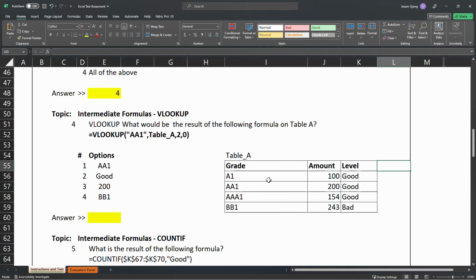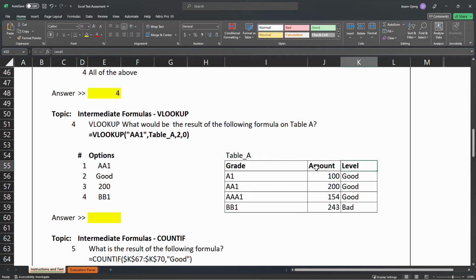VLOOKUP, open bracket A1, because you're looking for A1, right? Then comma, table A. Okay, and then you are in column 2, and then you are returning the exact match, which is 200.